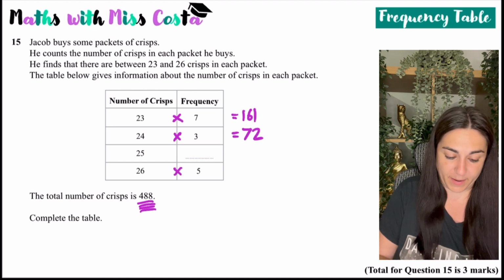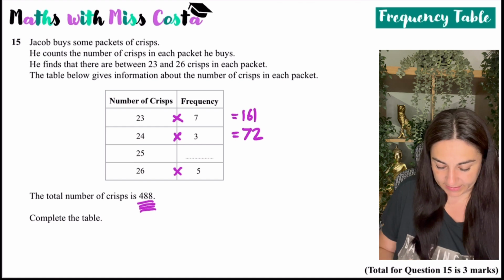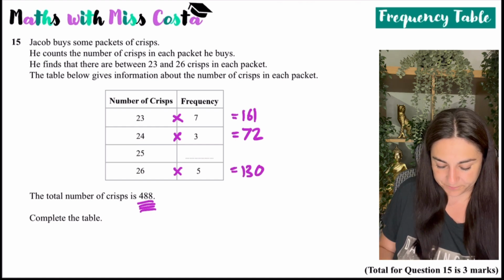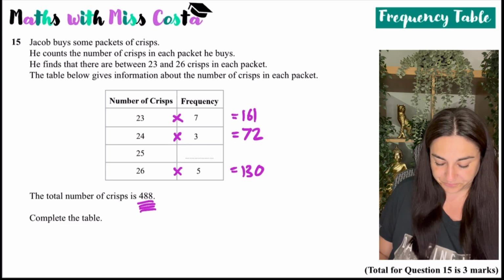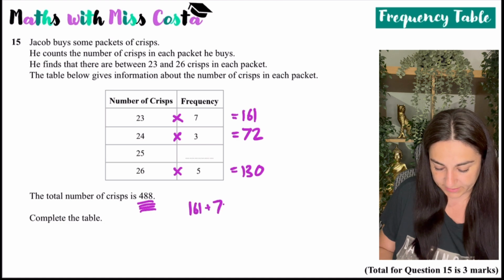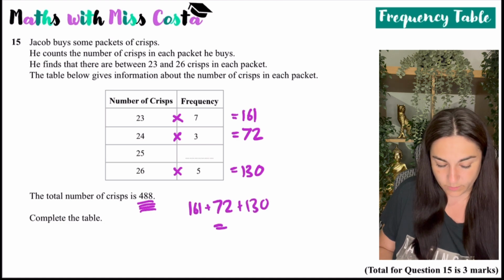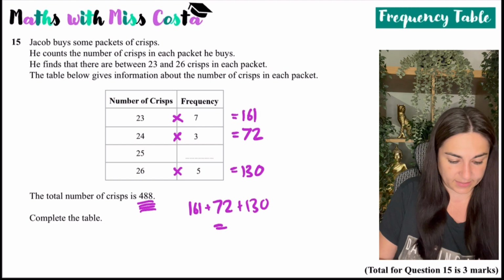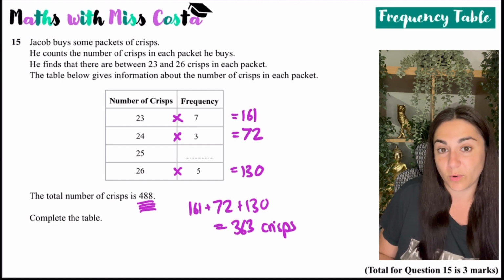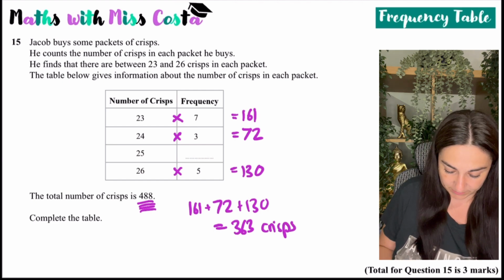And I also know that 5 packets have 26 in them, so that can be 26 times 5, which is 130. So in total, so far, I have 161 plus 72 plus 130, which is 363 crisps so far.